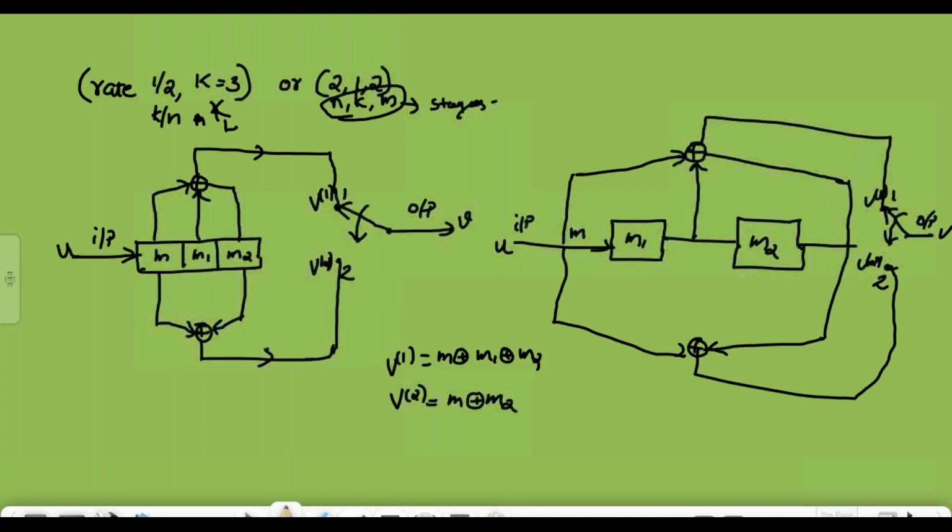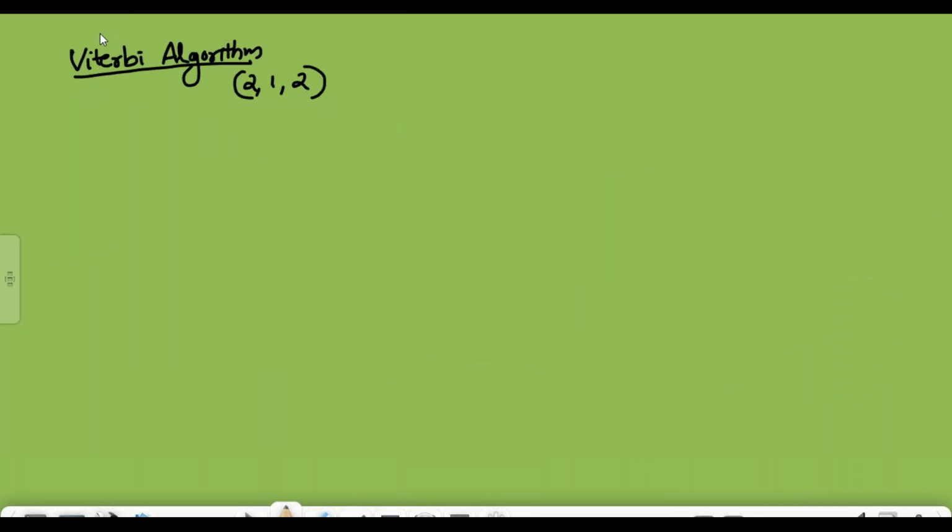That is this particular convolutional encoder, and here we have that v1 is equal to m plus m1 plus m2, and v2 is equal to m plus m2. Okay, then for the Viterbi algorithm we are making use of the trellis diagram.